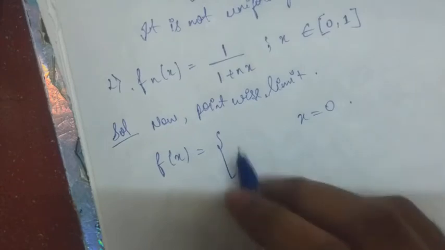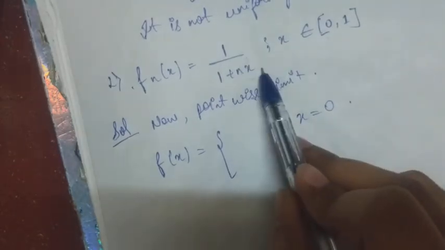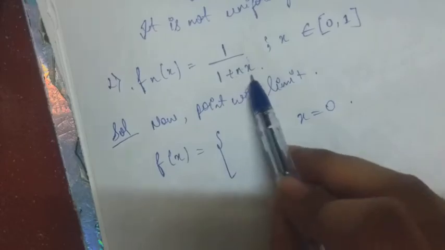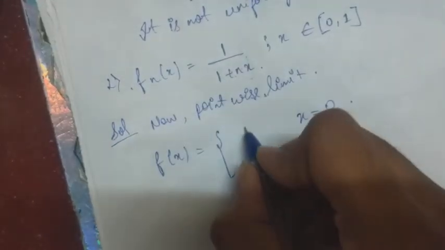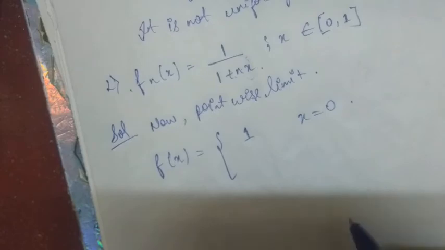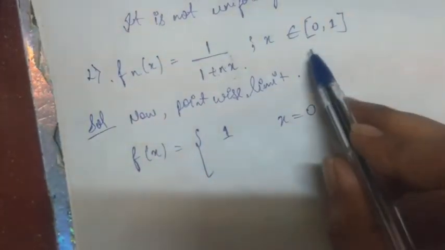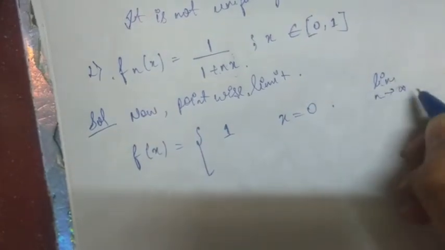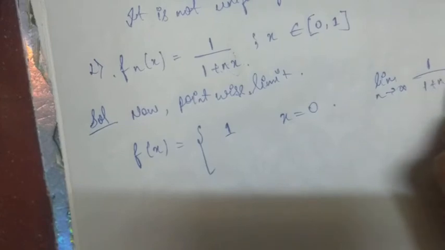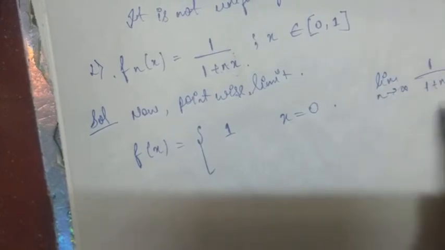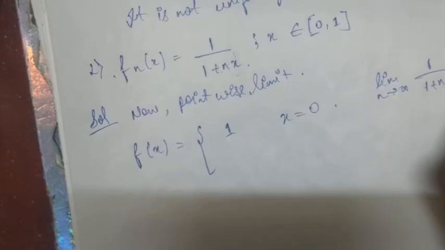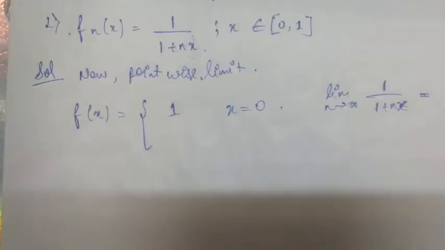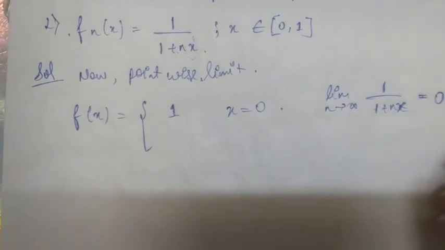When x = 0, we get 1. And for x in (0, 1], the limit as n tends to infinity of 1/(1 + nx) is 0.